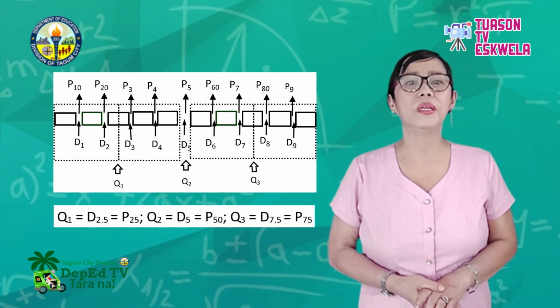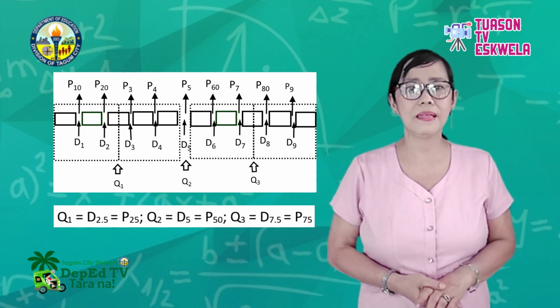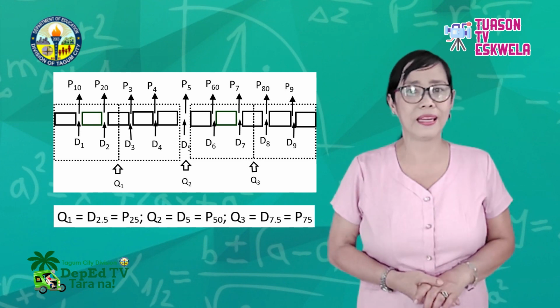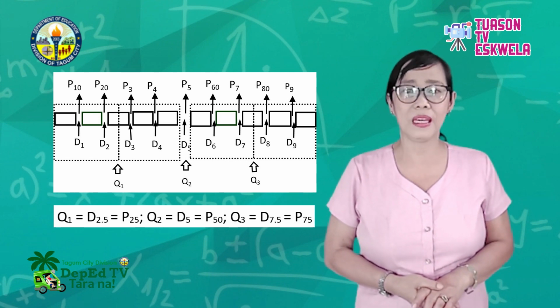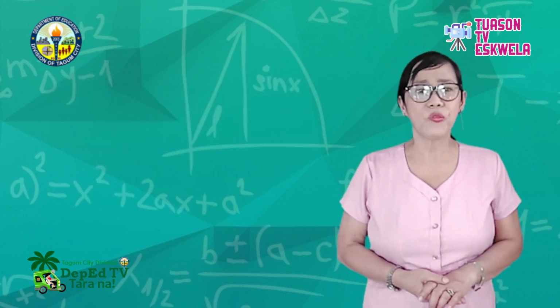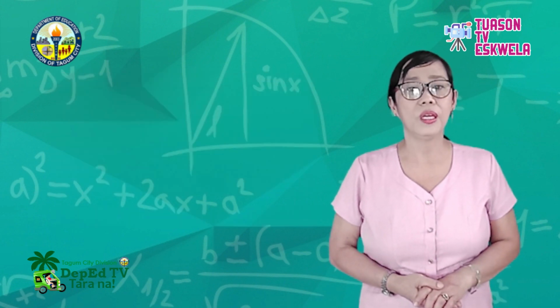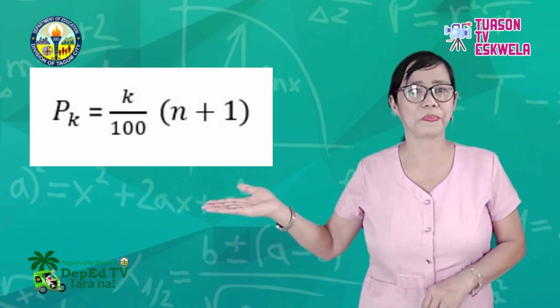Then Q sub 2 equals D sub 5 equals P sub 50. Then Q sub 3 equals D sub 7.5 equals P sub 75. To find the percentile value, use the formula according to its position.